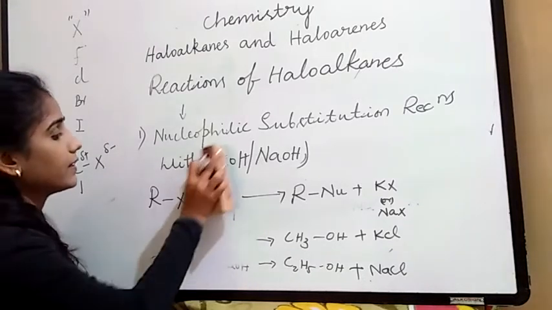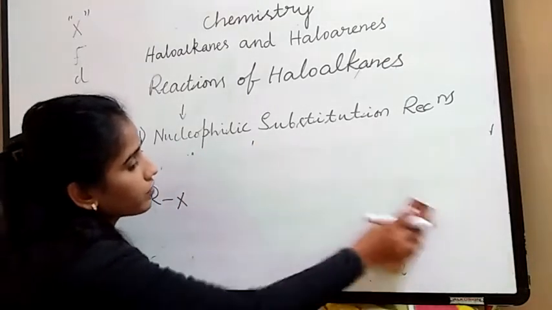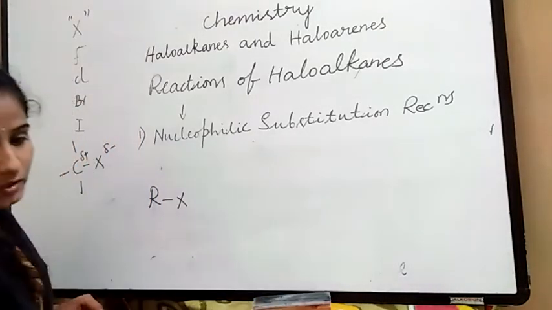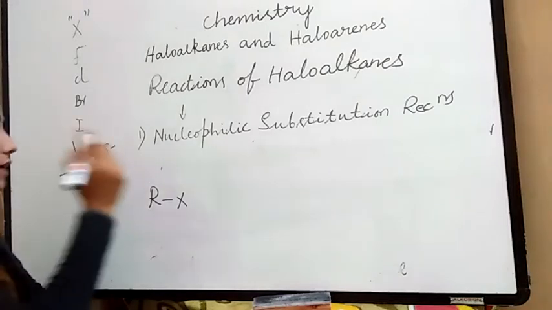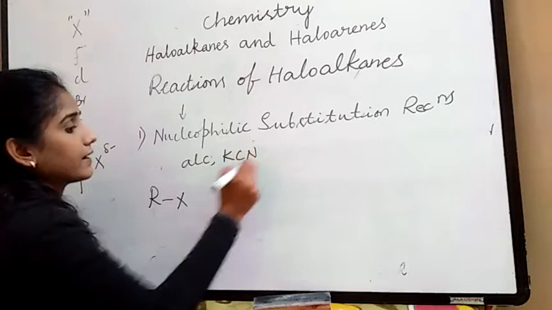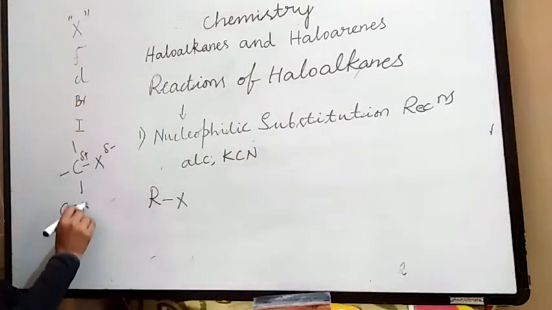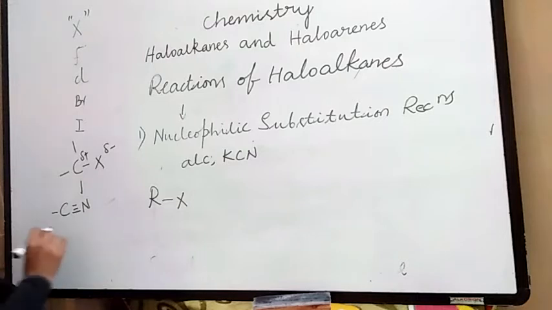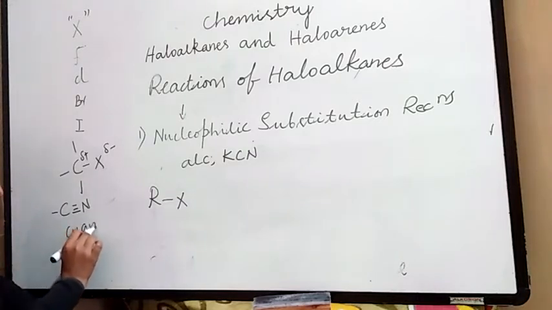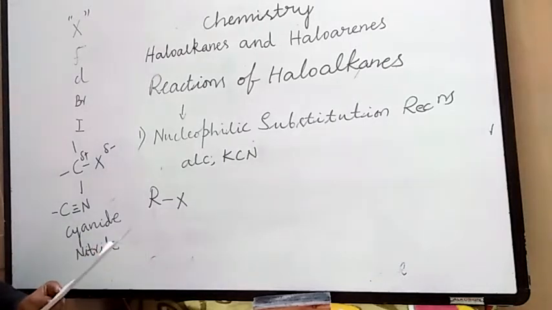The second one in your syllabus is alcoholic potassium cyanide, KCN. CN is nothing but the cyanide group, or nitrile group.